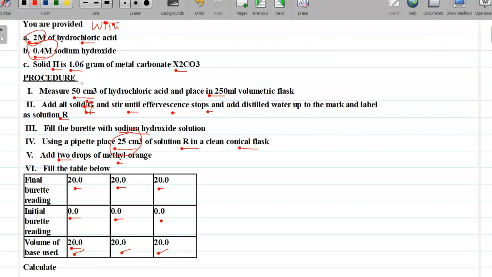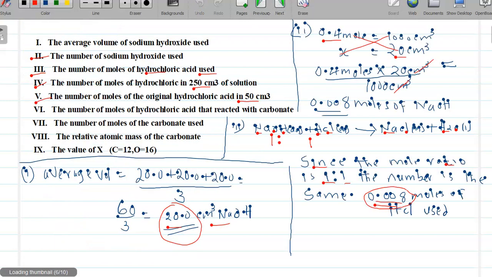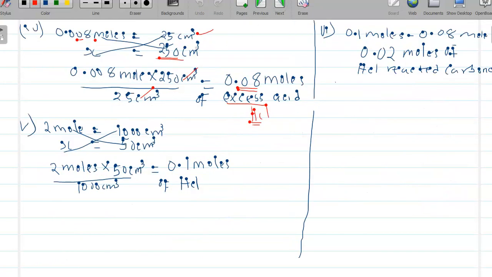Then the total volume of the original hydrochloric acid is 50, as they indicated in the question. So how do you get the total number of moles of the acid before it reacts with the base and before it reacts with the carbonate? Then we say 2 molar, which is the molarity, is equal to X over 1000. What about 50 centimeter cubic? X, we don't know. You multiply 50 times 2 molar, then you divide by 1000.